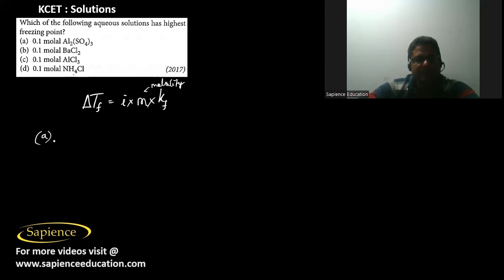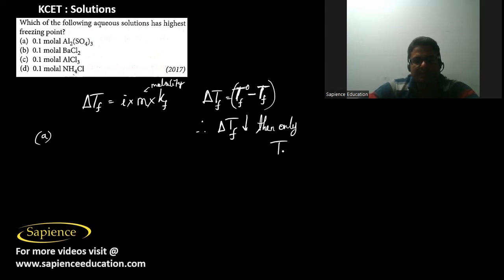The depression in freezing point equals Tf naught minus Tf, the freezing point of the pure solvent minus the freezing point of the solution. Therefore, if the depression in freezing point is the least, then only the freezing point of the solution will be the highest.